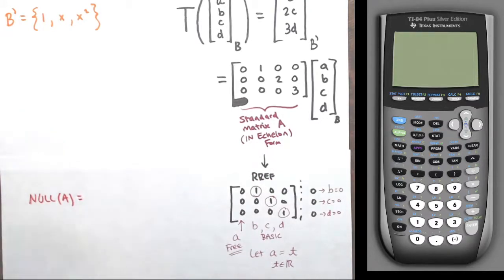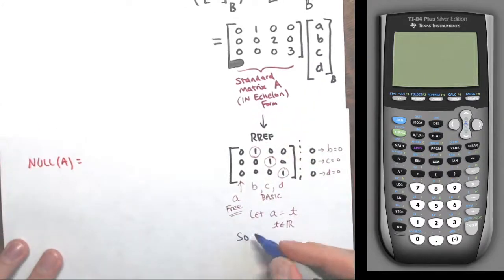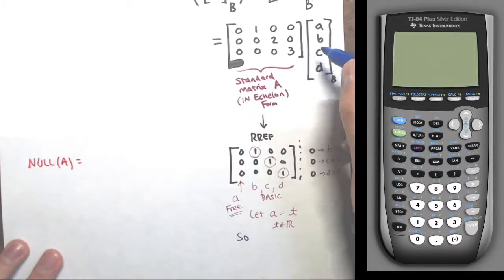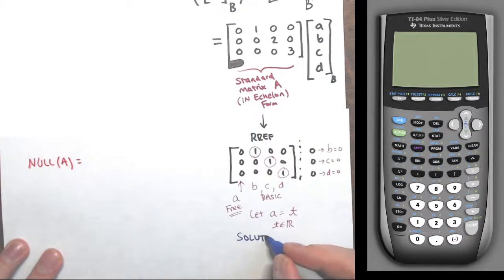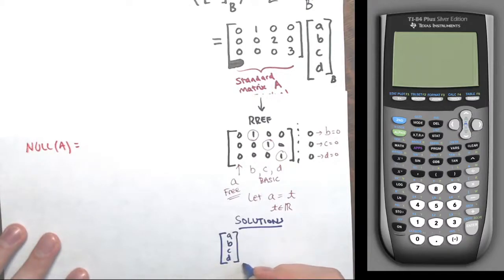Well, first let me state the solutions, sorry. So the solutions of this, when I set this product equal to the zero vector, my A, B, C, D, which again were coordinates with respect to basis B, must be equal to: A can be T, and then B, C, and D have to be 0. A can be anything I want.